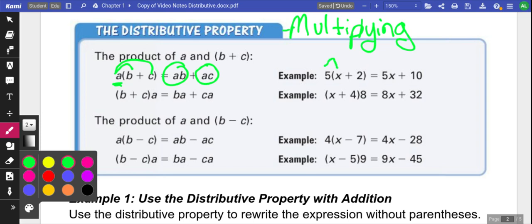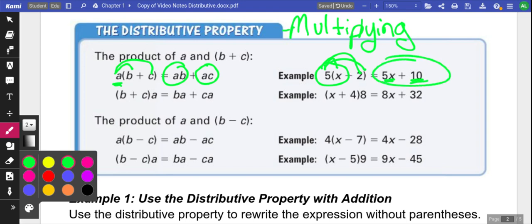This 5 times X and then 5 times 2. So 5 times X gets us this 5X. 5 times 2 gets us 10. Try and remember some of your combining like terms rules. When you have something with the same variable, you can add it together. But here we've got an X and then no variable here, so they're not like terms. This is our final answer.